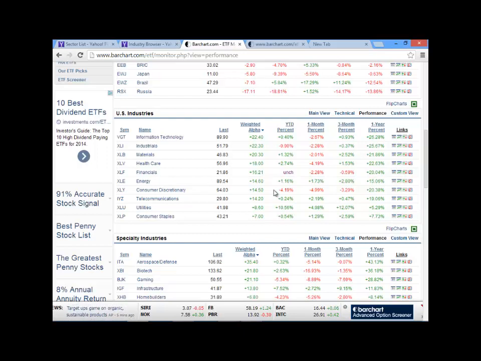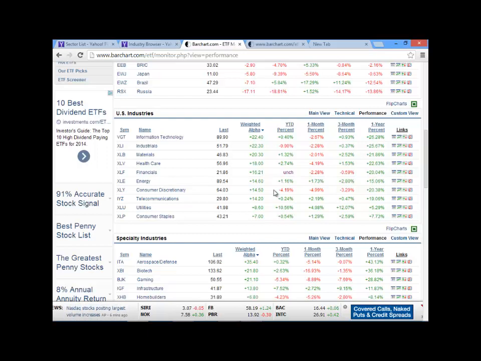Would that correlate with the beta on a stock or delta? I have no idea. That's really a Barchart thing. I didn't do a whole lot of research into that. It's just their little indicator or ranking system. You could go out to Barchart. I'm sure they have more information out there to do some research on it.